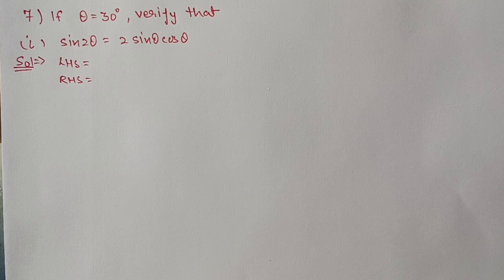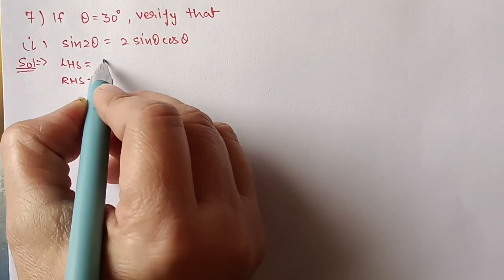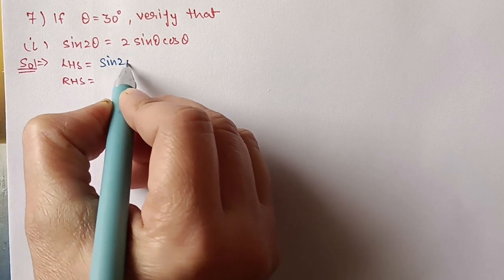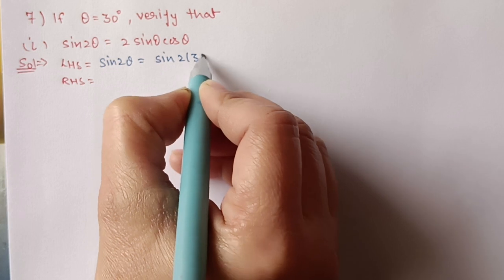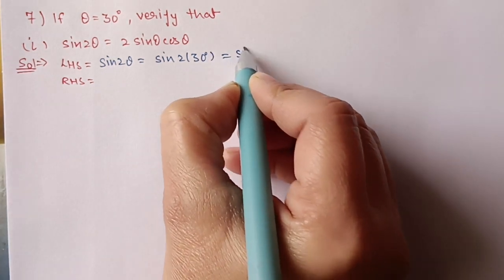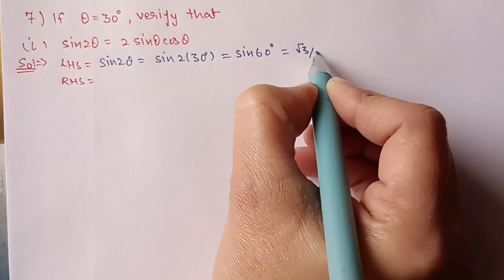Question number 7, first part. If theta is equal to 30 degree, verify that sin 2 theta is equal to 2 sin theta cos theta. So on the left side first I will substitute the value. Sin 2 theta means sin 2 into 30 degree, means sin 60 degree, and sin 60 degree value is root 3 by 2.